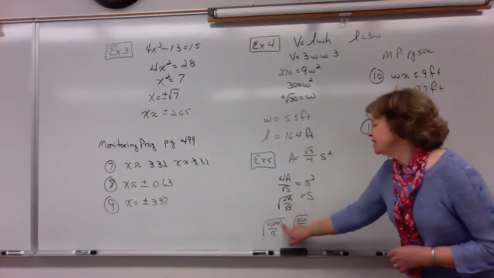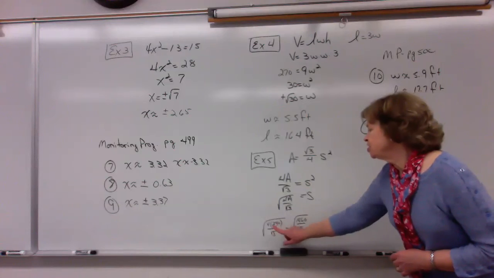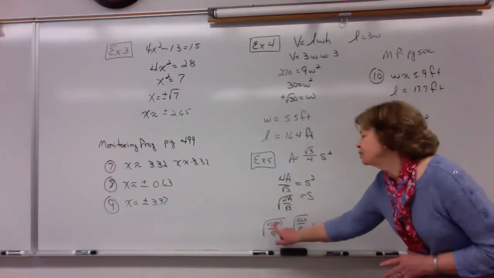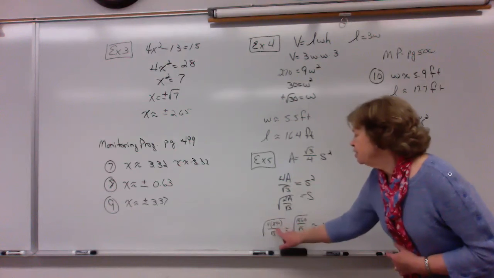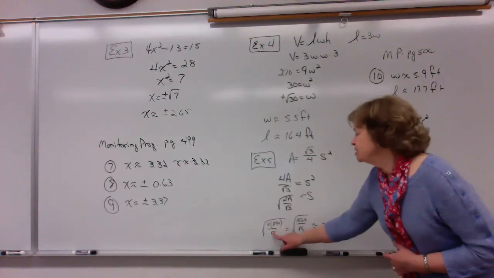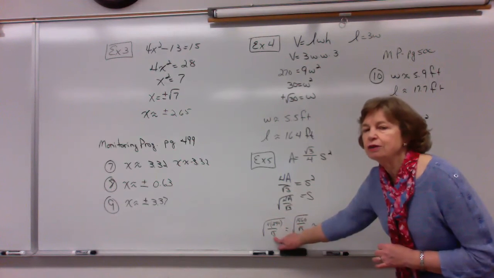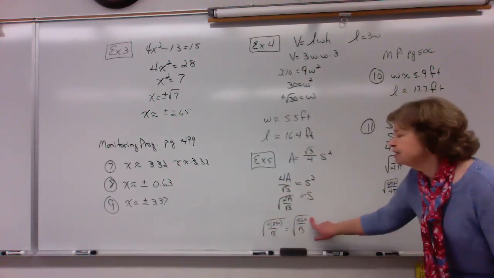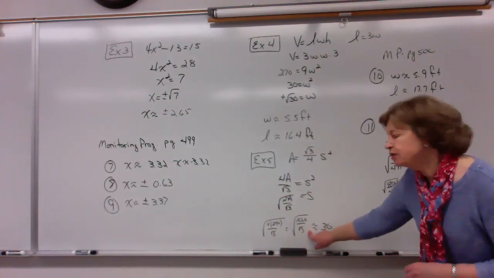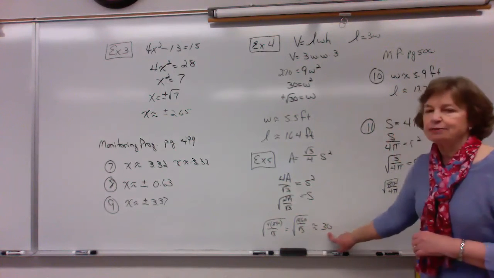The area was 390 square inches, and so in my calculator, I have second square root, 4 parentheses 390 divided by square root of 3. Make sure you're closing your parentheses. That works out to be 1560 divided by the square root of 3, and that's approximately 30.